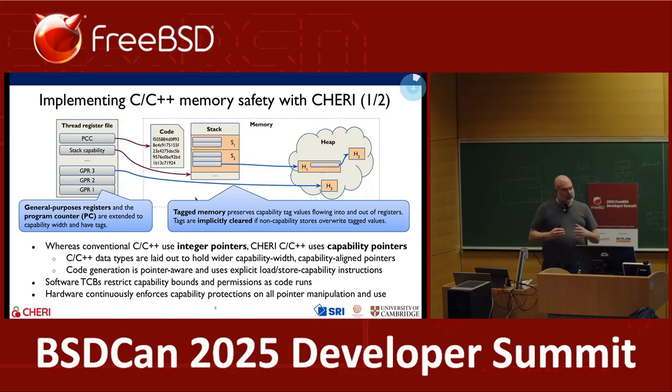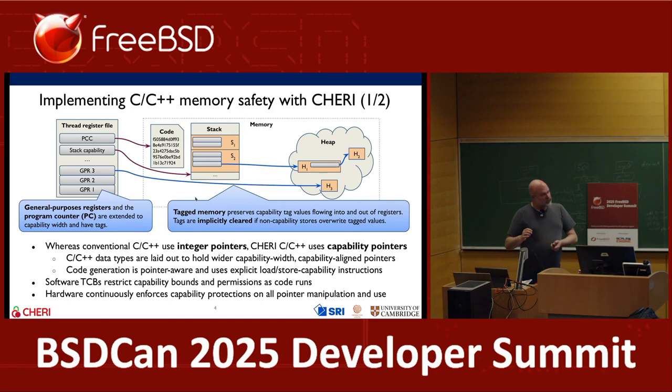So we use CHERI capabilities to implement memory safety in C and C++ programs. We replace all of your pointers with capabilities. So any programmer-visible pointer becomes a capability, and the register file contains capabilities where you would expect, stacks likewise.